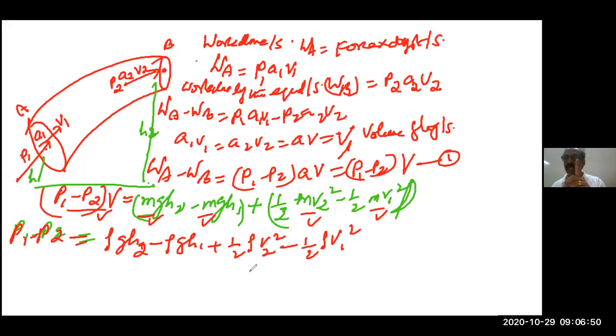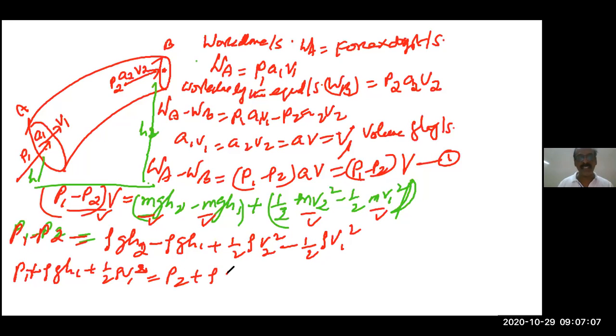Now all the terms indicated 1 will go to one side. P1 plus rho g H1 plus half rho V1 squared, all came to one side. Then P2 on the right side: P2 plus rho g H2 plus half rho V2 squared.